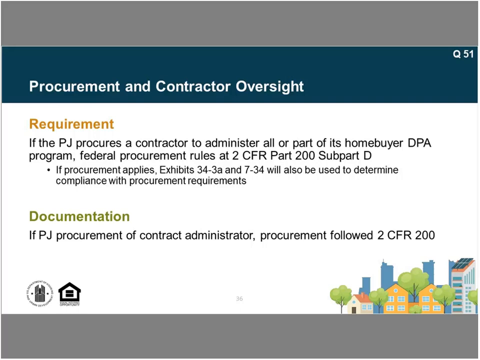And then HUD is going to be using the Guide for Review for Procurement. That's what Exhibits 34-3A and 7-34 cover. So HUD will actually be using that in addition to the exhibit that we're talking about today.